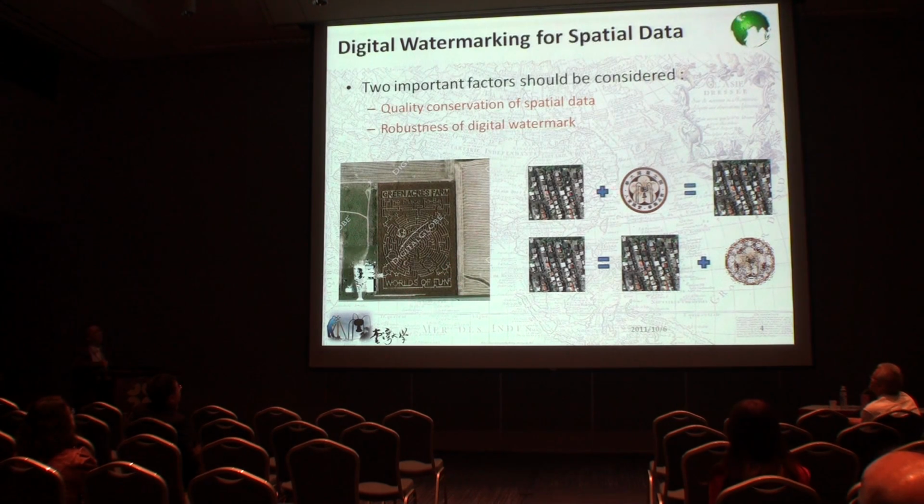So our method will be based on an invisible digital watermark. The watermark will be embedded into the original image, and you will not feel any difference visually. And we can also retrieve the digital watermark from the images, and then identify the watermark.